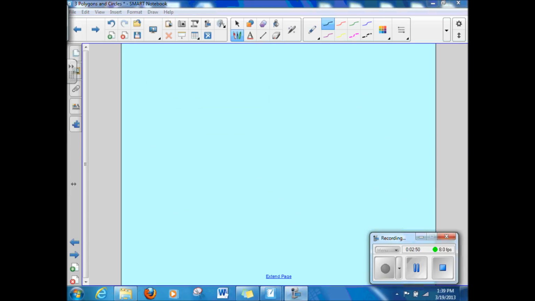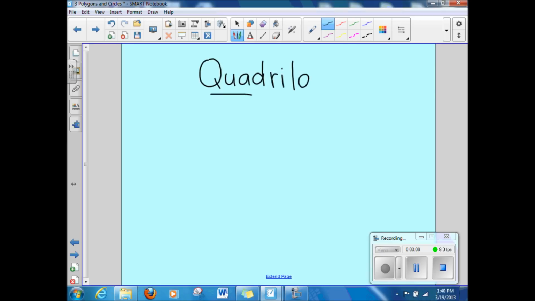Another term I'm going to introduce you to besides polygon is quadrilateral. Quad, that sounds like something that might come in fours. Maybe quarter or quart, all kind of start with that Q-U-A. Quadrilateral. Lateral.